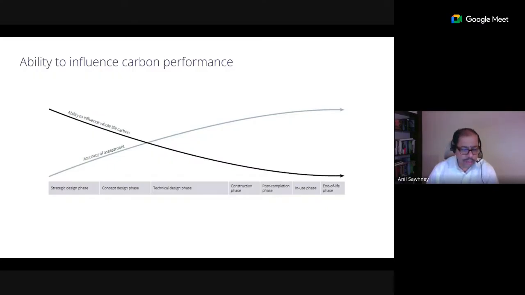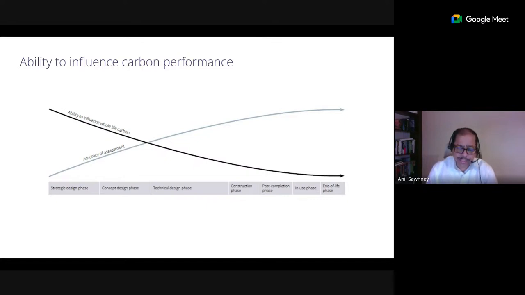So early on in your assessment, so let's say you're in the concept design stage, the ability to make an impact on whole life carbon is much higher because design choices are still open, products can still be specified, you can still make decisions that are going to help improve the carbon performance of your building. But at the same time, early on in the project, you would have much lower accuracy of your assessment. So that's sort of the balance you have to draw.